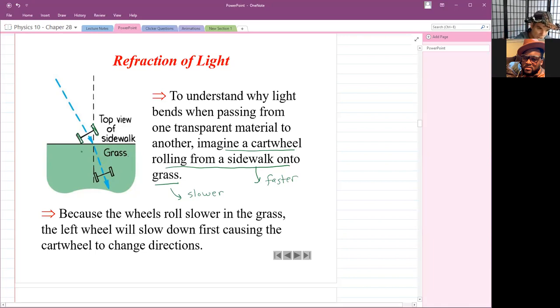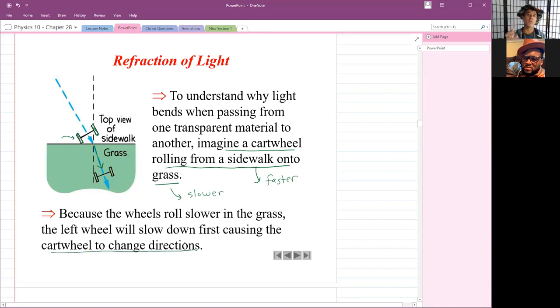So this wheel is going to hit the grass first and slow down, where this wheel is still on the sidewalk, so it's still moving at the same speed it had before. If this wheel keeps moving the same speed and this one slows down, it's going to cause it to turn. So the wheel that slows down first is going to cause this cartwheel to change directions.